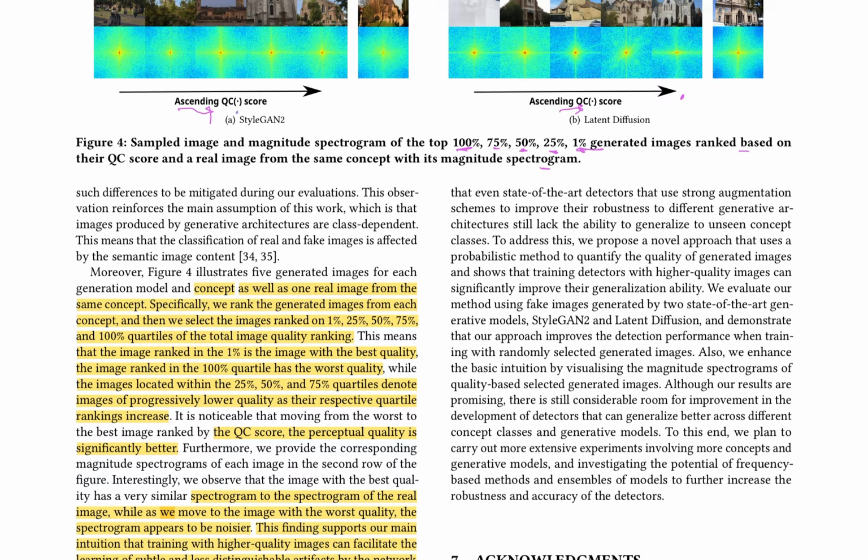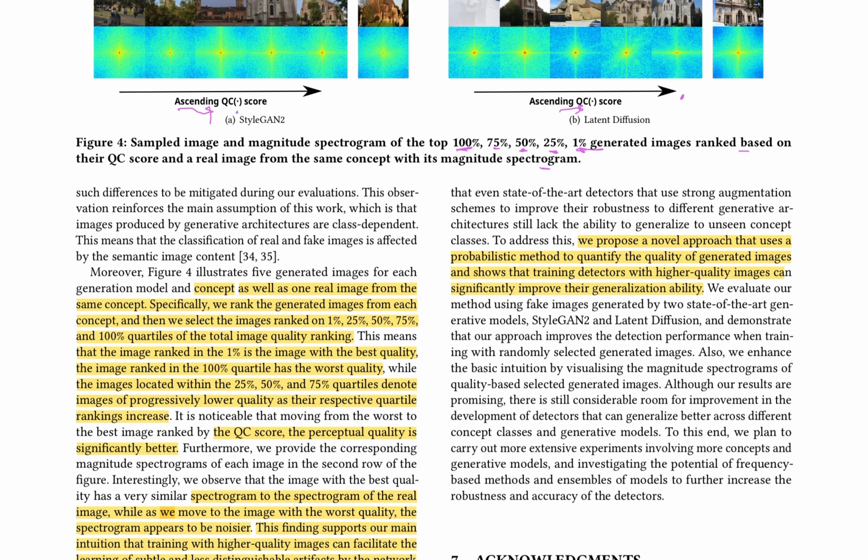To address this, we propose a novel approach that uses a probabilistic model to quantify the quality of the generated images and show that training detectors with higher quality images can significantly improve the generalization ability.